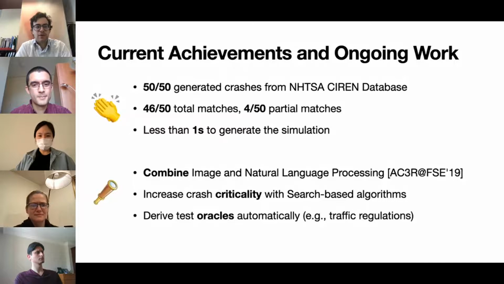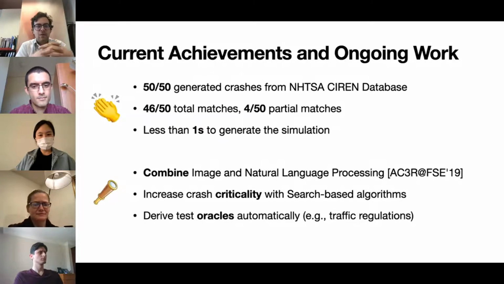So for the future, the idea is that we have a previous work that solves a similar problem using natural language processing, so parsing the description of the crash to generate the simulation, that was published at FSE. And we want to combine image analysis and natural language processing together to improve our scenarios.